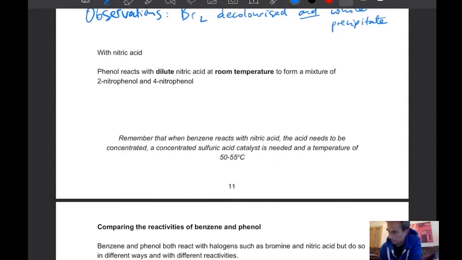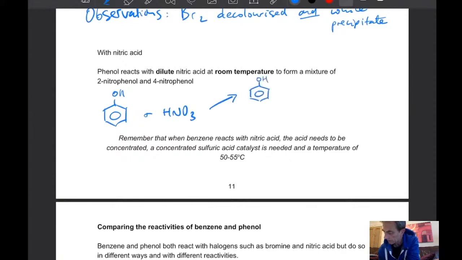So what you could do, I normally draw the reaction like this. So we've got HNO3. Let's say we form the 2-nitrophenol, we'll put that up here. So nitro's gone on 2, and obviously you'd make a water molecule, or you could get your 4.